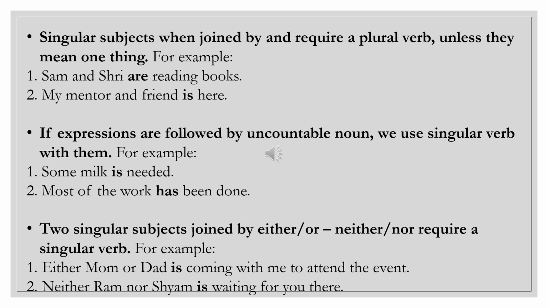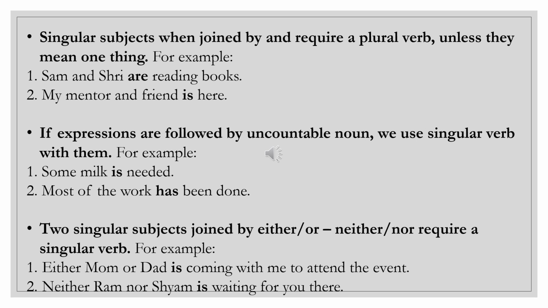Now, if I give another example over here and say that my mentor and my friend are here. Now, when we are using my before both mentor and friend, it indicates that mentor and friend are two separate people. Therefore, the subject becomes plural and the verb becomes are.